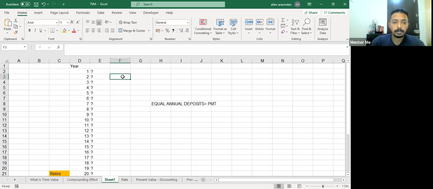So let's write down here: to calculate PMT, the rate, number of periods, and what else is asked? The future value, the present value, the type. Anything else required? I don't think so. So these are the 5 data points which we will need.